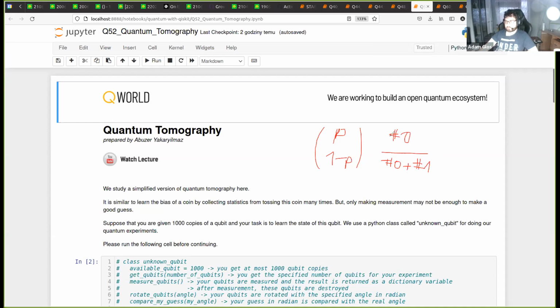Then if you have 100 zeros out of 1000 samples, then you have 100 over 1000, which is 1 over 10, right? So this is only an approximation of the ideal value P, but the more samples you have, the more exact this approximation will be.